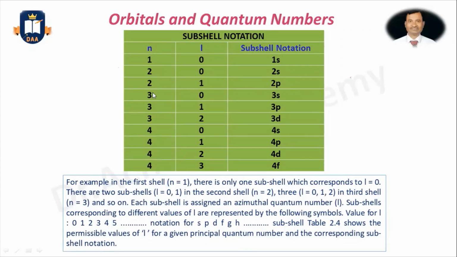Similarly, when n is equal to 3, it has the l values 0, 1, 2, and accordingly 3 subshells, 3s, 3p, 3d. And when n is equal to 4, the l values are 0, 1, 2, 3, and there are 4 subshells, with notations 4s, 4p, 4d, 4f.